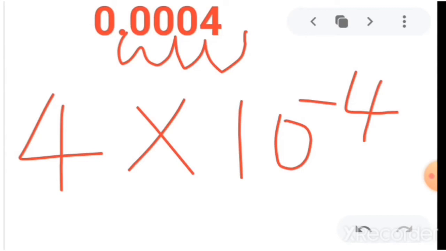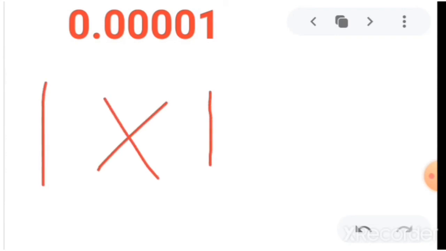Let us look at another example. To write 0.00001 in standard form, the first number we have seen here is 1. So we write 1, we write times 10 as we usually write in standard form. Now to get the power of 10, we move the decimal point to the right.